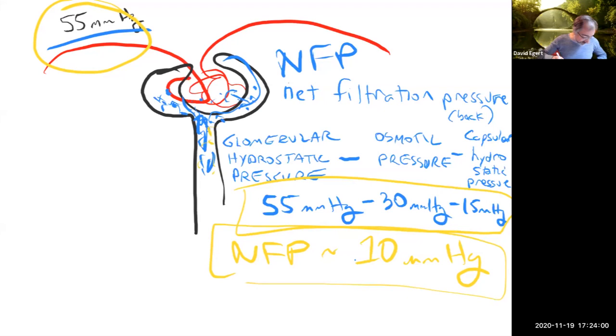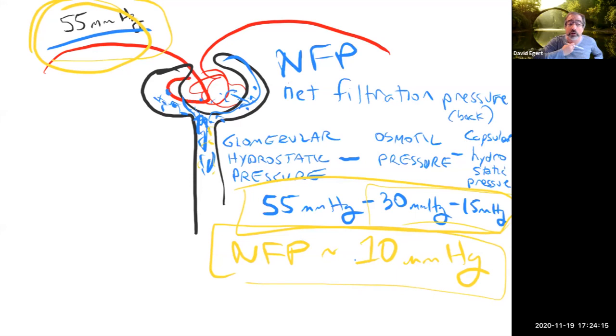Here it is. Yeah, so I guess this makes sense. If your mean arterial pressure drops below 45, which is basically this here, you're in total renal failure, right?